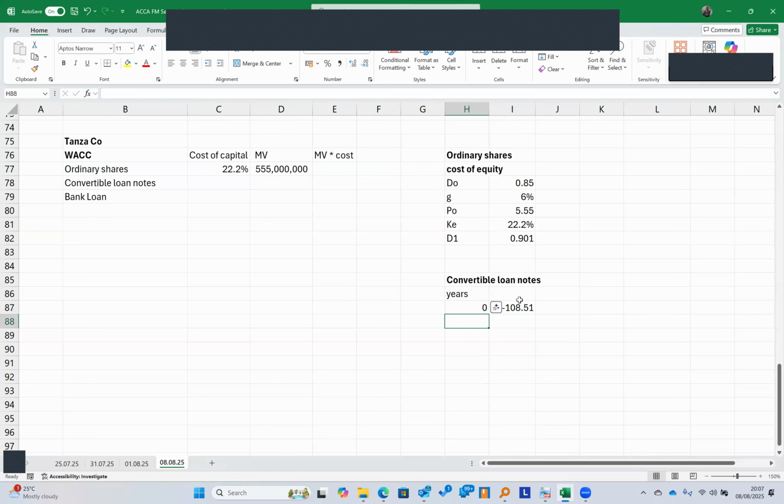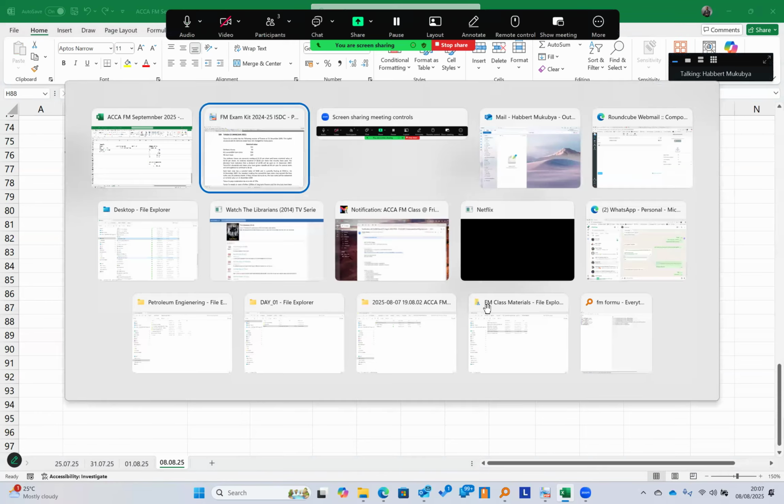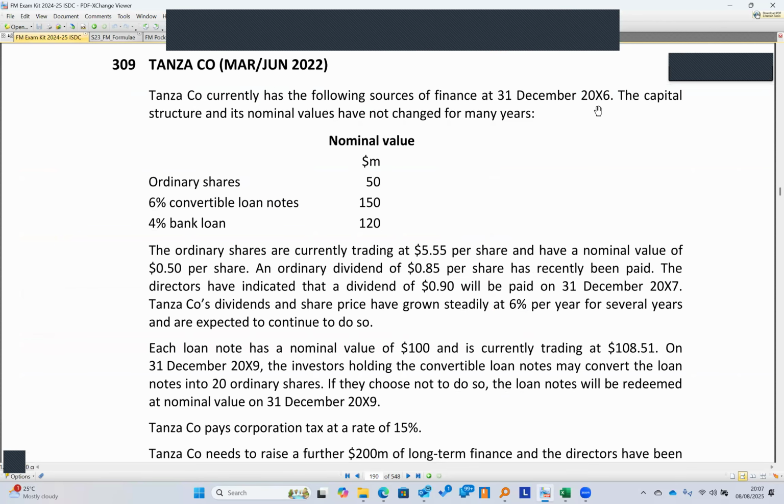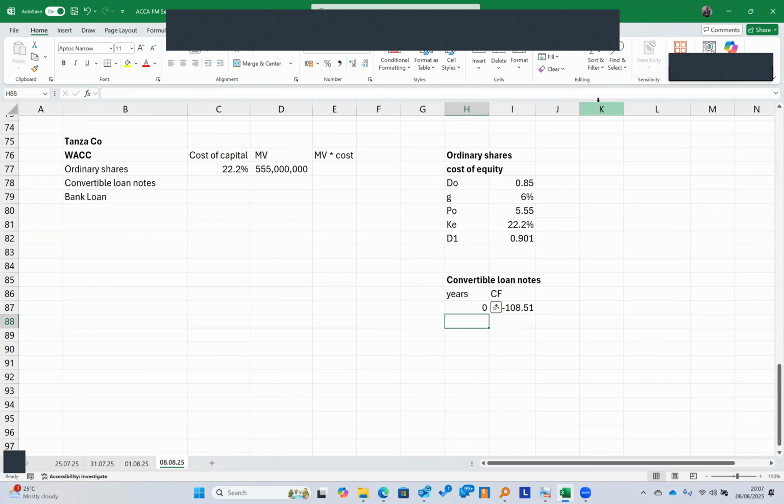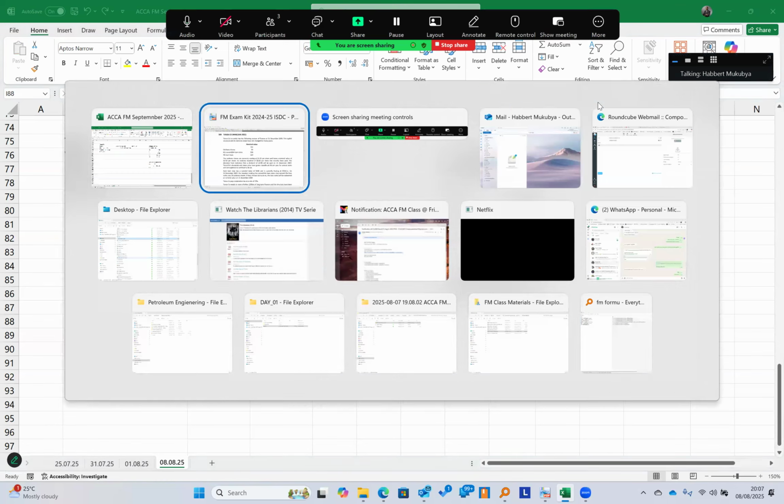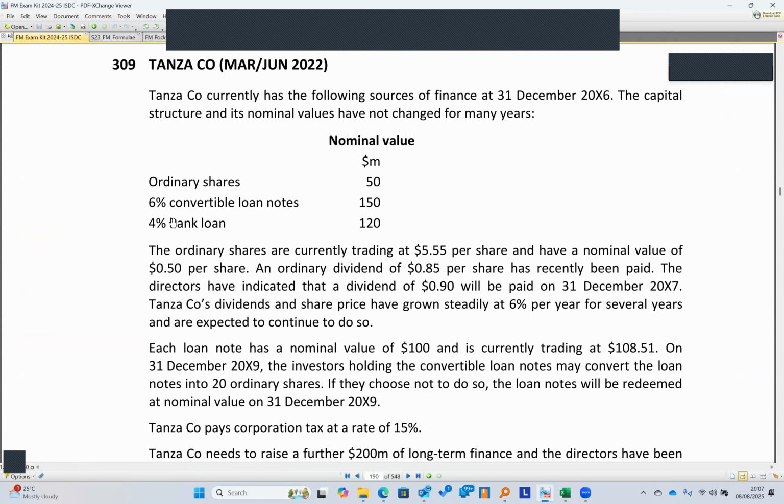Then this is the cash flow here. Remember this is in 2006, December. So 7, 8, 9. So those are 3 years. So that means from year 1 to 3, there will be interest, which is 6%. So that is $6.